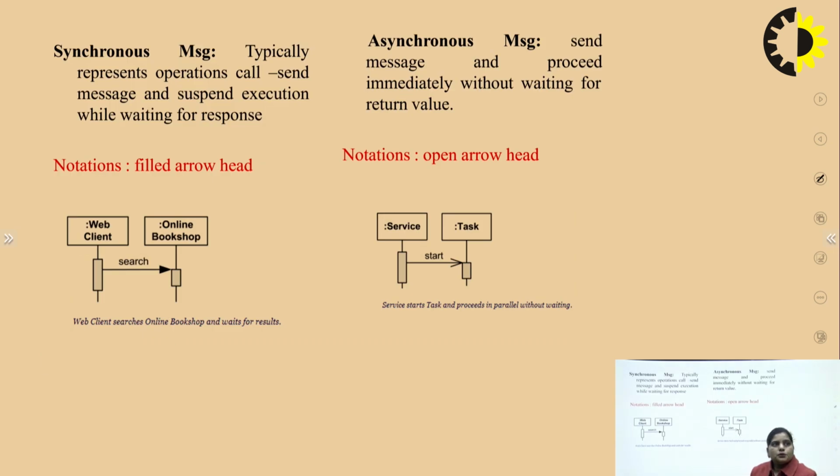Okay. So synchronous messages typically represent operation calls, sending the message and suspending the execution while waiting for the response, and comparatively in asynchronous messages, we send the message and proceed immediately without waiting for the return value. The notation for synchronous messages is a filled arrowhead, and for asynchronous messages an open arrowhead.